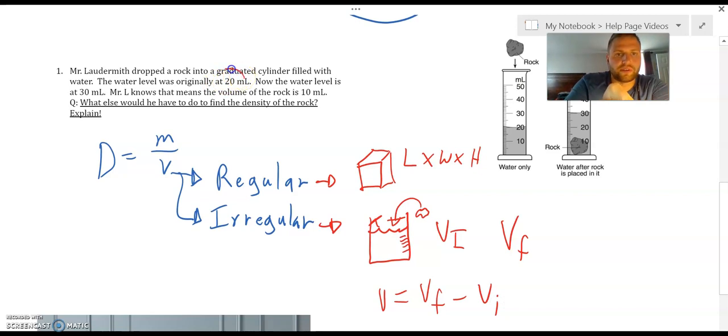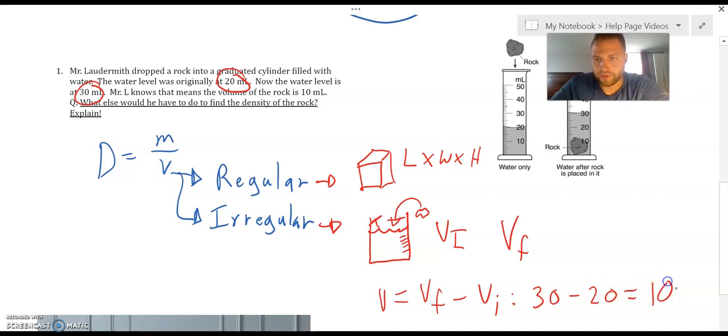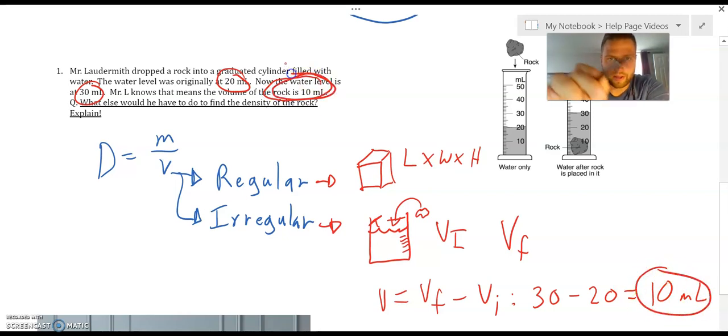So it says the water level was originally 20 milliliters, and the water level jumped to 30 milliliters. So let's fill in these numbers here. So volume final was 30, volume initial was 20. 30 minus 20 gives us 10 milliliters. This is the volume of the object, and that's actually what it states in the problem. The volume is 10. The difference will give us the volume.